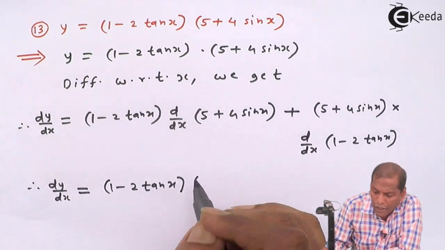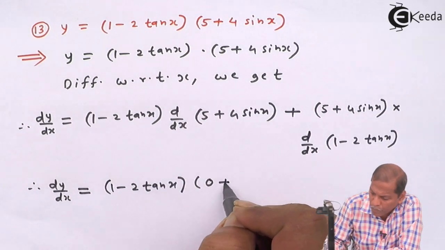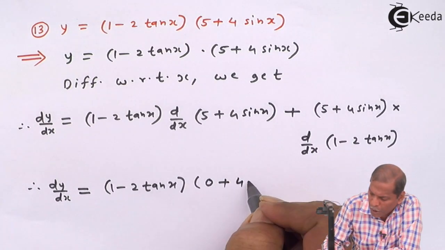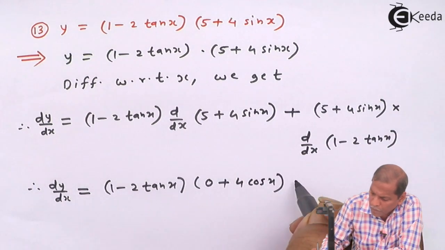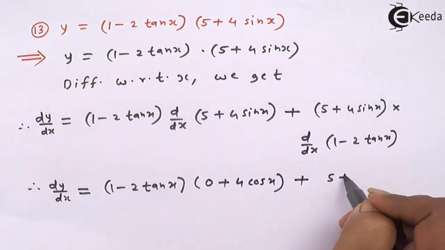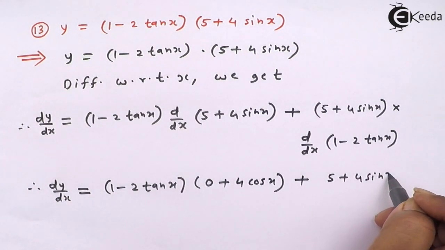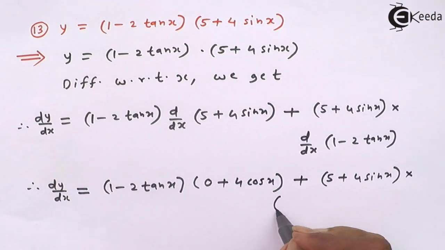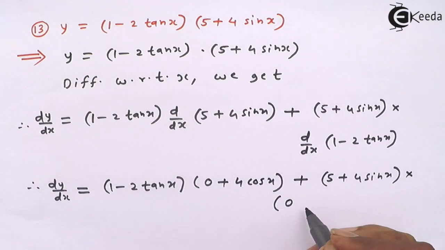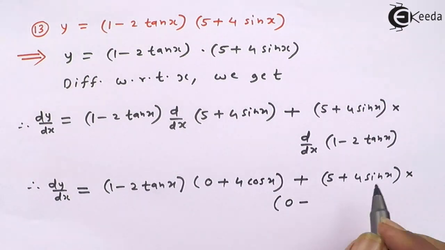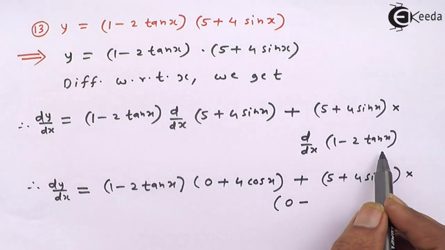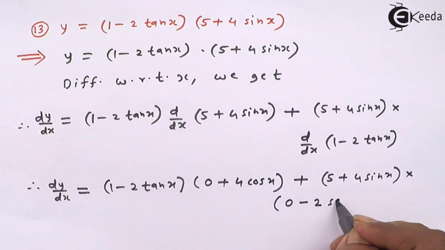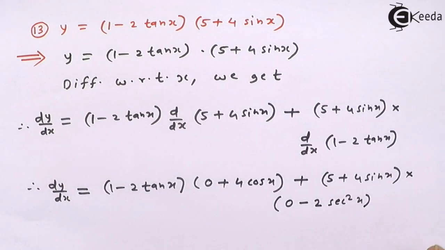Then in the second bracket, the derivative of 5 is 0, plus the derivative of 4 sin x is 4 cos x, plus 5 plus 4 sin x we write as it is, into the derivative of 1 is 0, then minus the derivative of tan x is sec square x, so therefore it is minus 2 into sec square x.